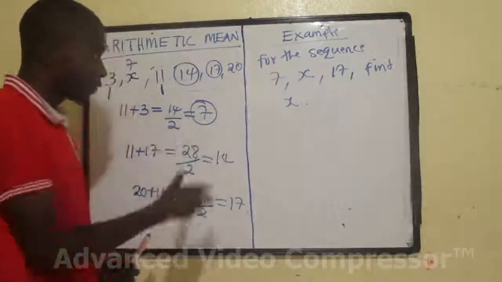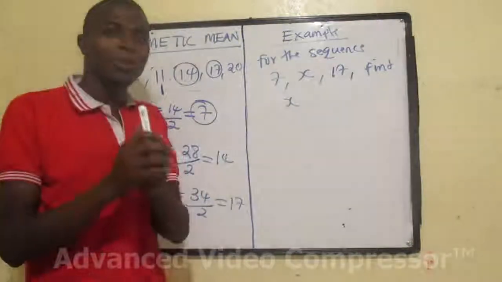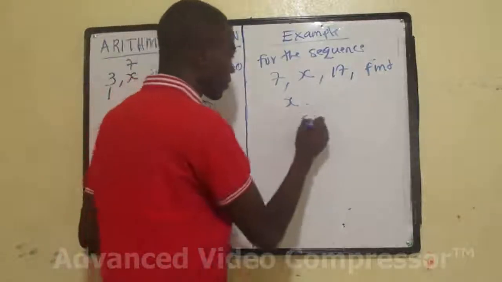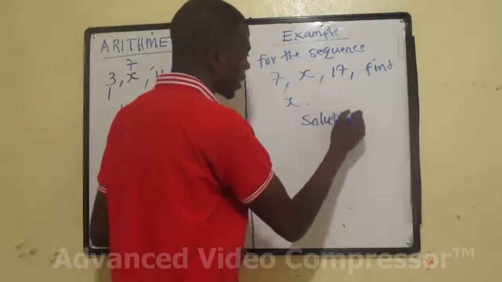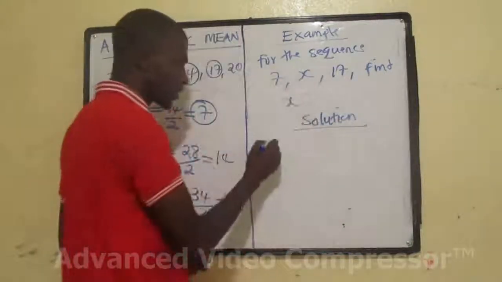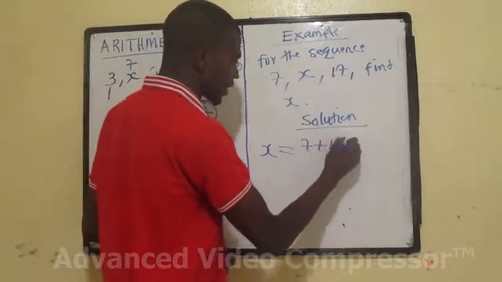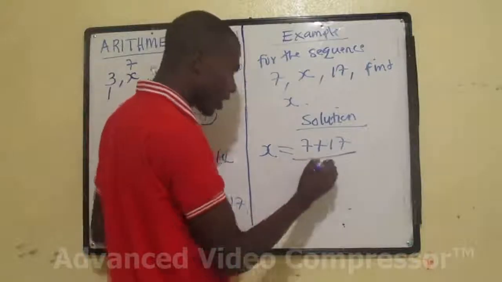As we have done from the previous ones, all we are supposed to do is add these two terms. So our solution: x, which is the arithmetic mean, is equal to 7 plus 17 over 2.